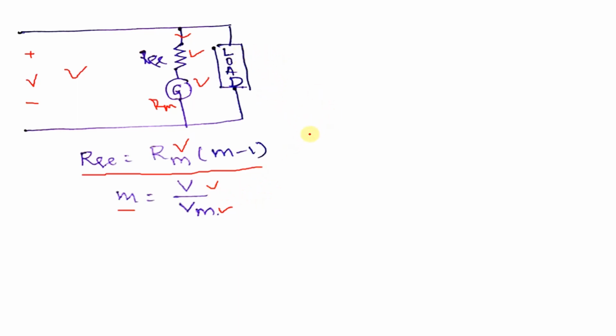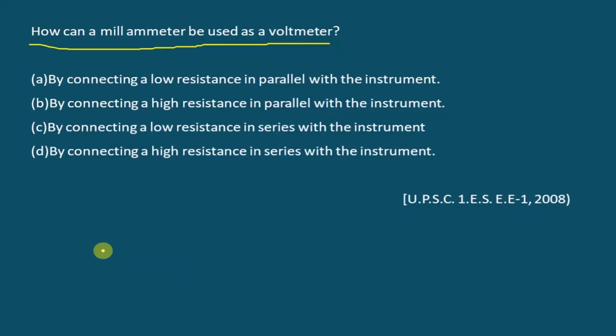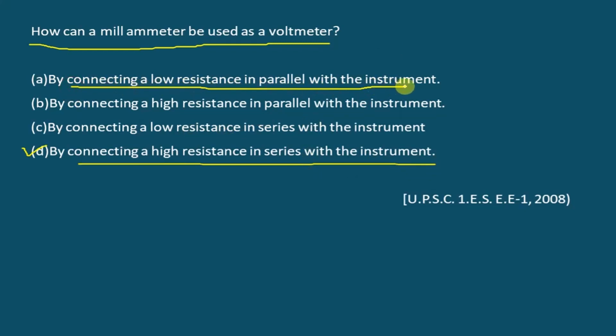Okay, let's go to the question. So here you can clearly see that this is the answer: by connecting a high resistance in series with the instrument. So this is the correct answer. By connecting a low resistance in parallel with the instrument, what will happen?